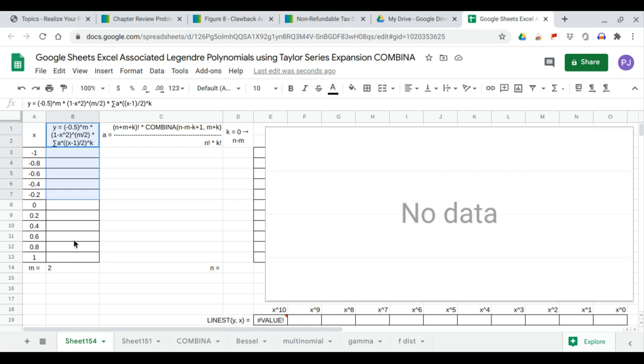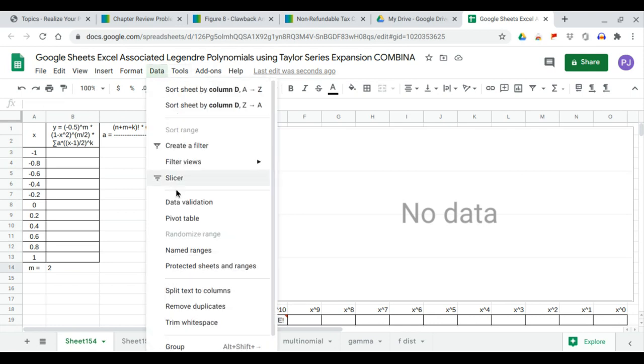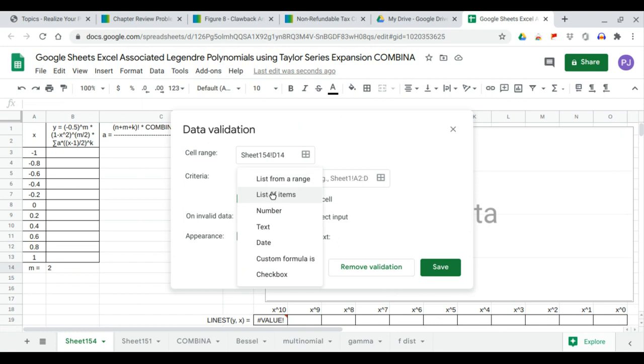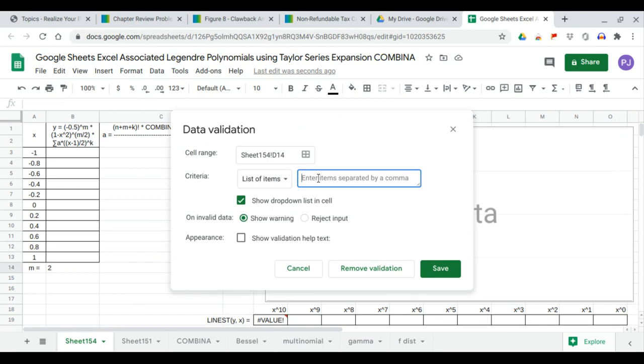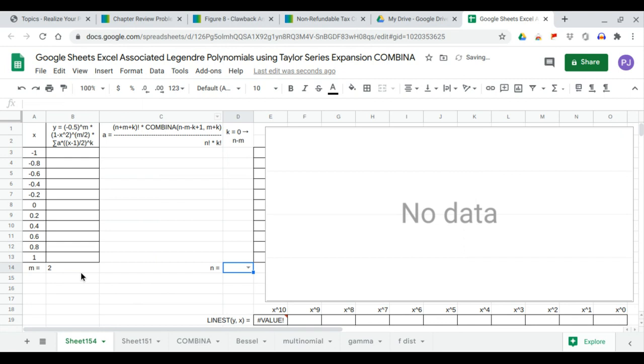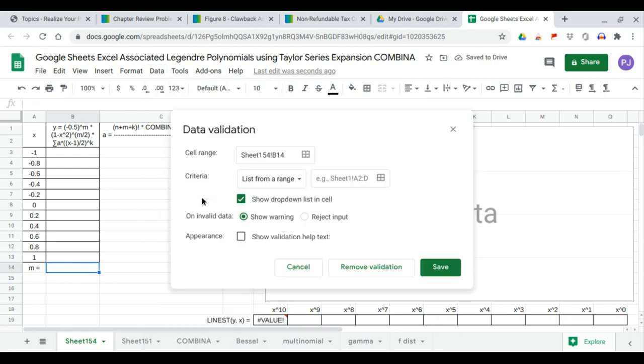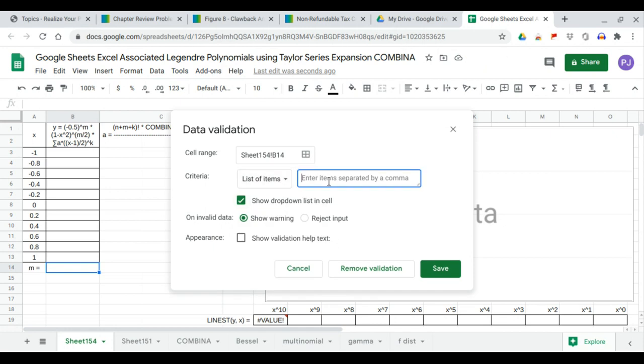This is the Taylor series expansion of the associated Legendre polynomial, with coefficients and values of k from 0 to n minus m, where the value of n is a data validation list of items 0 to 10, and our value of m is a data validation list of items 0, 2, 4, 6.